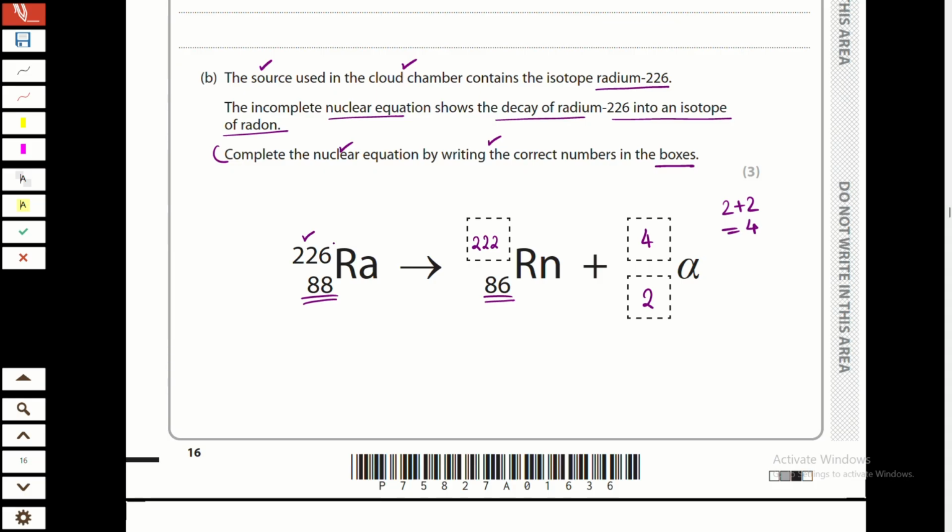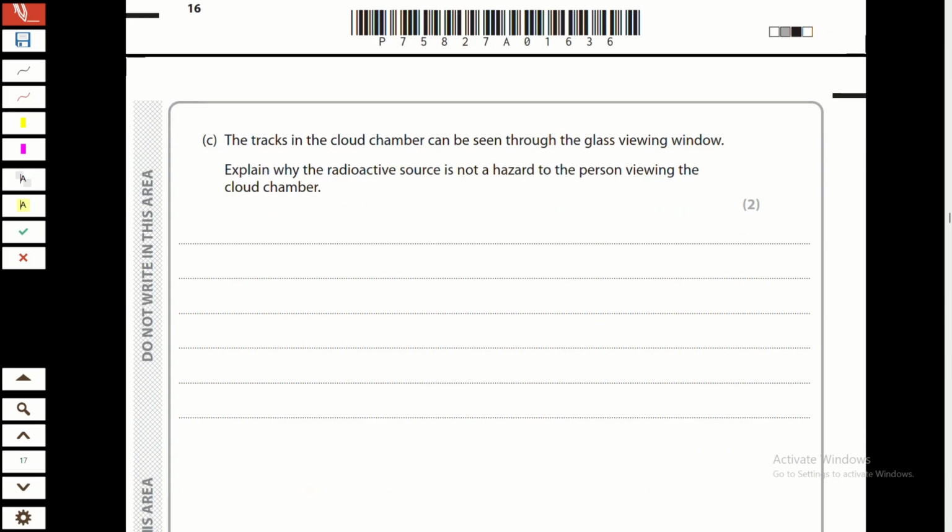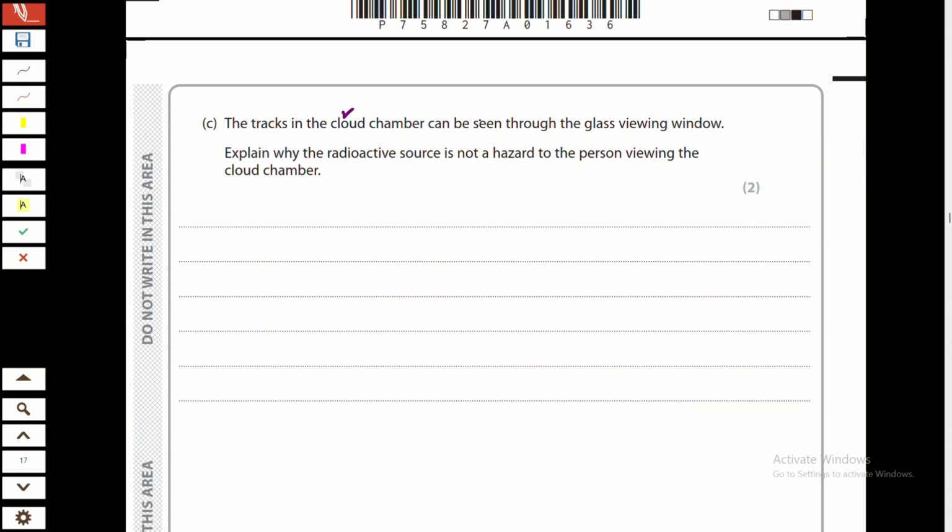So that's how we complete a nuclear equation. We have to remember that the number of protons on both sides of the nuclear equation is equal, and the mass number on both sides is also equal.